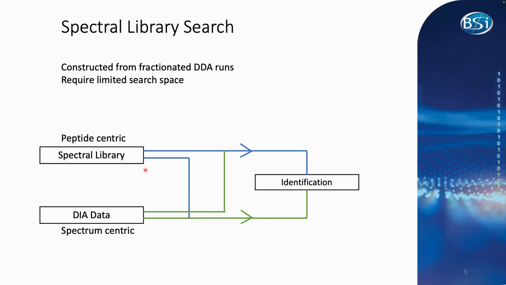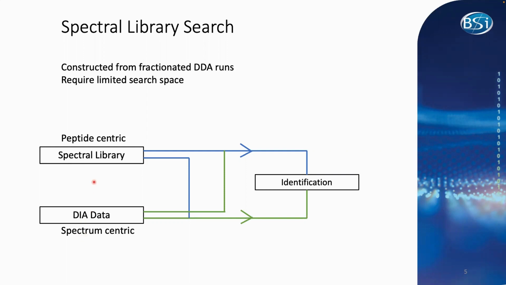In PEAKS, PEAKS first performs feature detection on raw DIA data to find peptide features and associate their corresponding MS2 spectra based on the co-eluting profiles of the fragment ions and precursor ions.